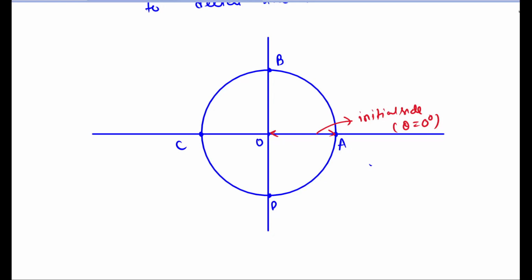If we rotate this OA 90 degree anti-clockwise, we get OB. Likewise, if we rotate it 180 degree anti-clockwise, we get OC.